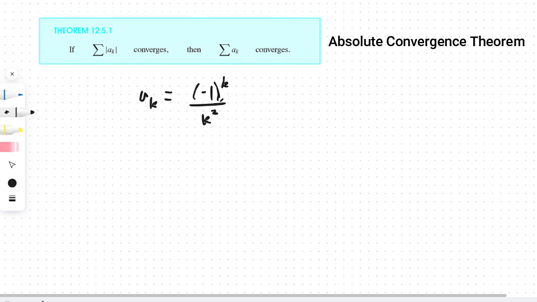Well, I think that is going to be true, because the absolute value of a_k will be equal to 1 over k squared.